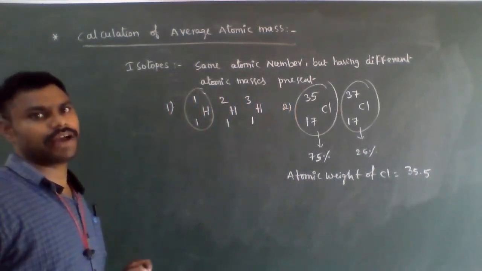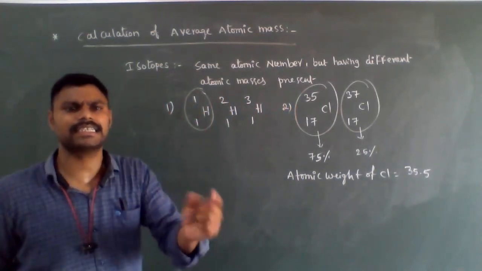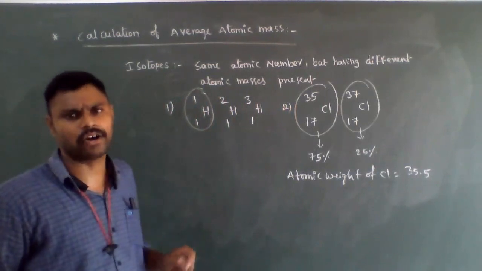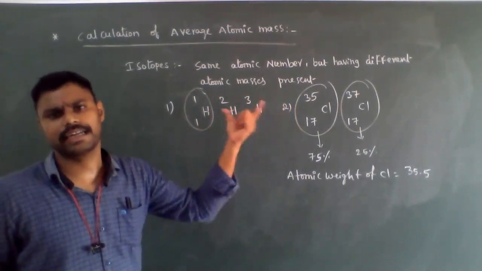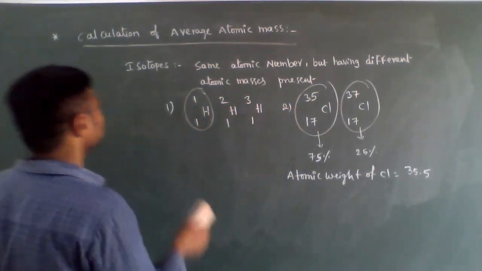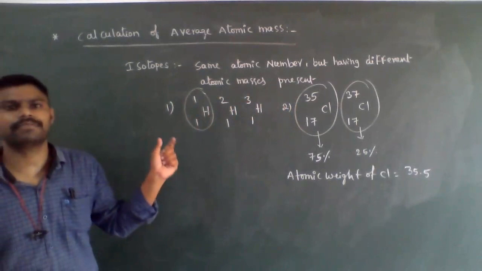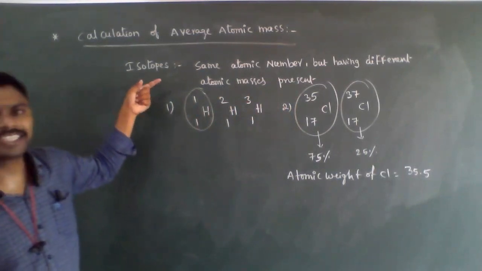Okay, calculation of average atomic mass. It is very easy. We just need to remember a formula, and use it for what they are asking. Average atomic mass generally applies to isotopes.